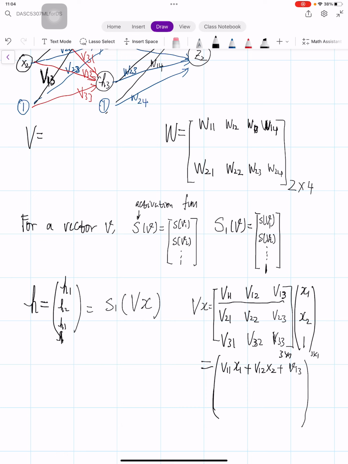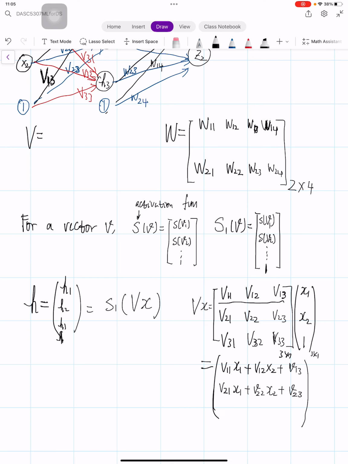Okay, and then we have the transformation to the second hidden node from the first feature, v21 x1, plus the transformation from the second feature to the second hidden node, v22 x2, plus v23 from the third feature to hidden node 2.